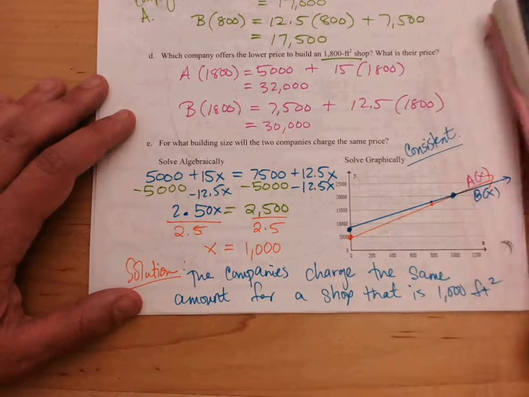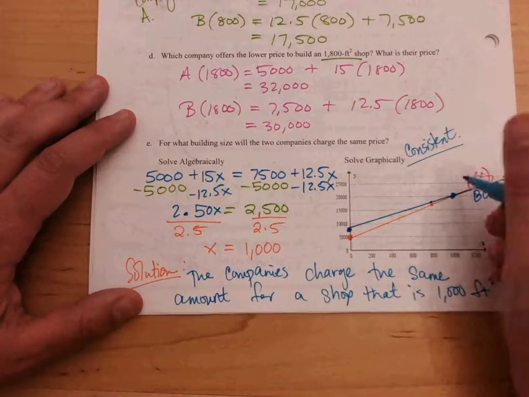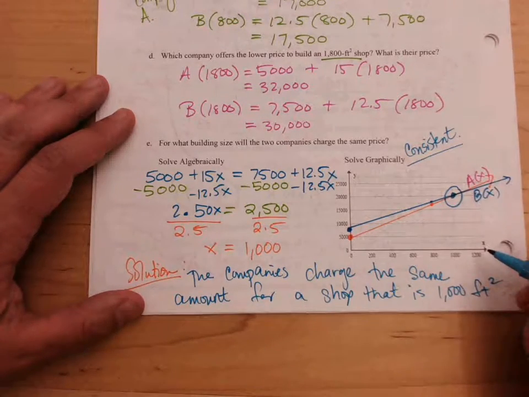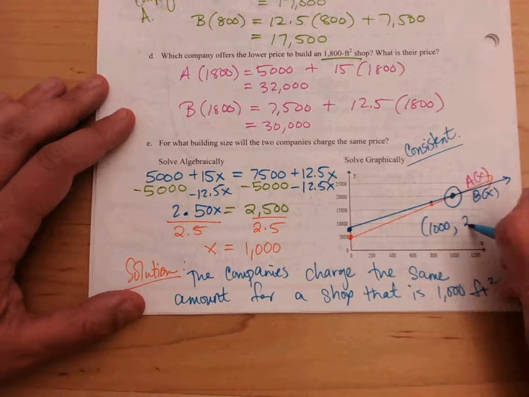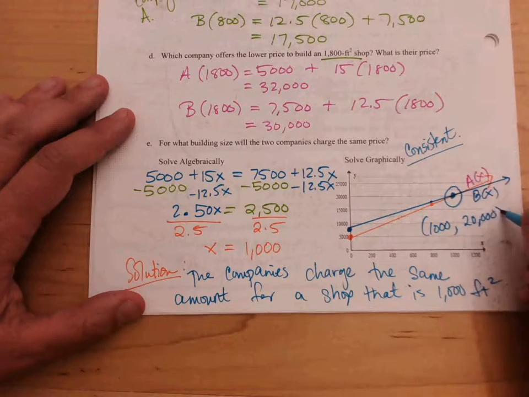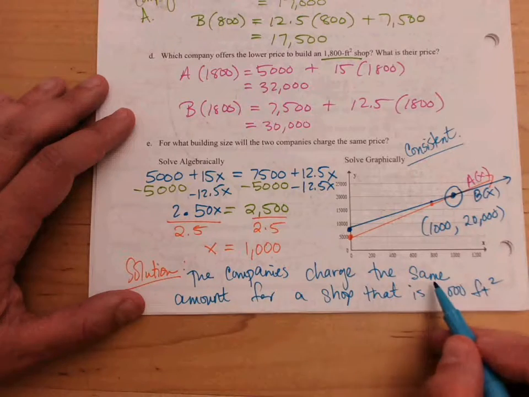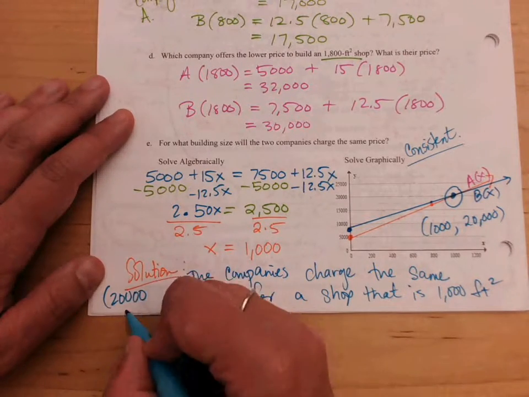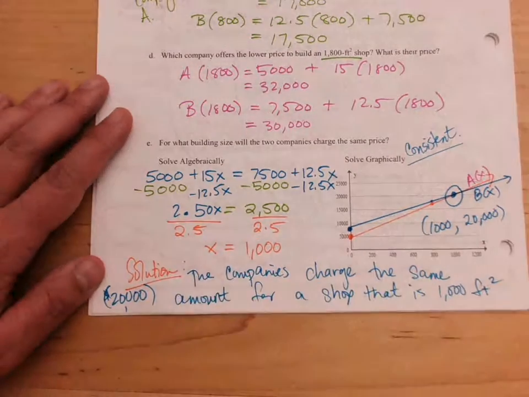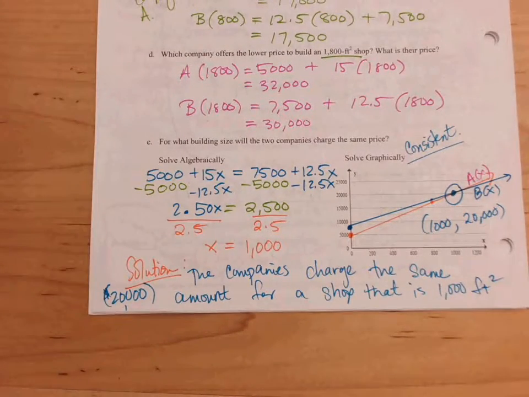So they have the same price. This is our solution right here, right? As an ordered pair, it would be 1,000, comma, 20,000. The companies charge the same amount, 20,000, for a shop. Okay, any questions on that, you guys? Moving right along then.